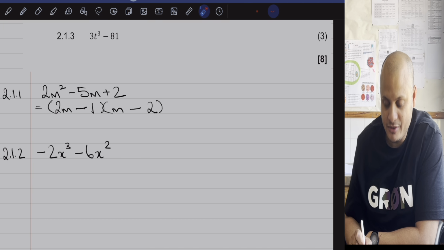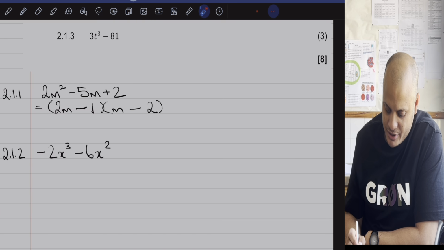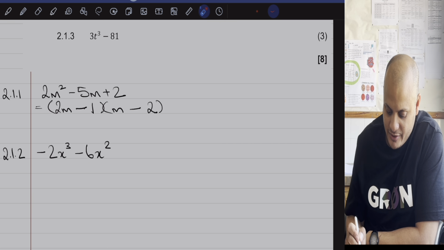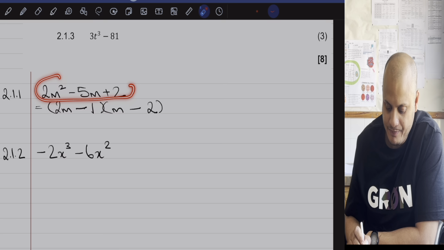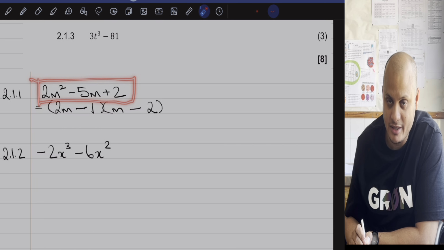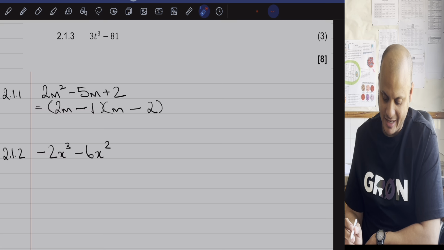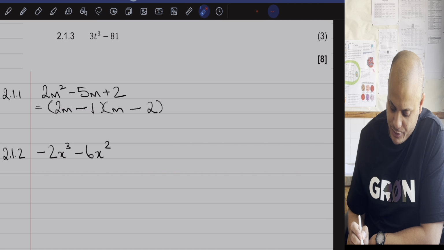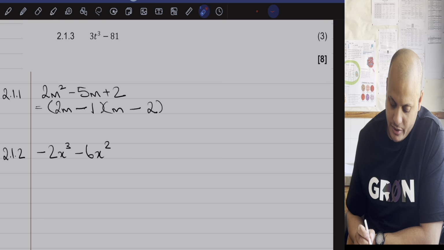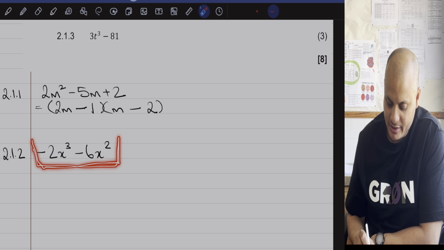This would not be a difference of two squares because there's more than two terms. This would not be grouping because it's less than 4, so it is very obvious that it is a quadratic trinomial, and we went ahead and factorized according to that. For 2.1.2, we will say, well, this does not obviously look like a difference of two squares.